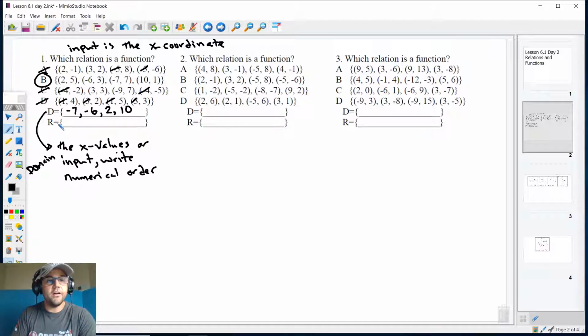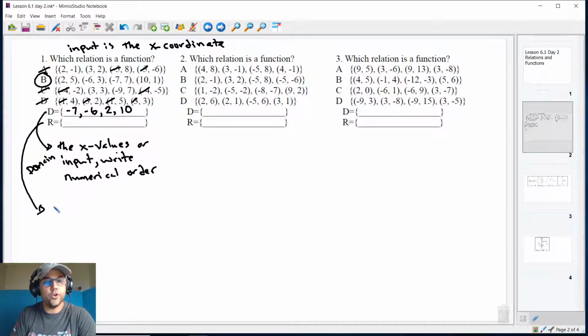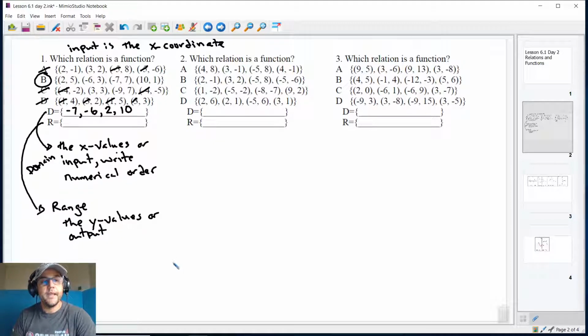All right, so the R would be the range. And the range is the y values or output. We're still going to put it in numerical order. But here's the key. If there are any repeats in the range, don't put every repeat. Just put the number once. So let's put that in our notes.